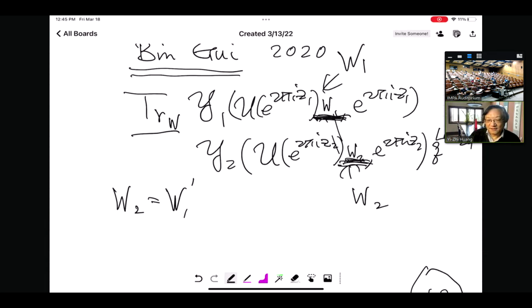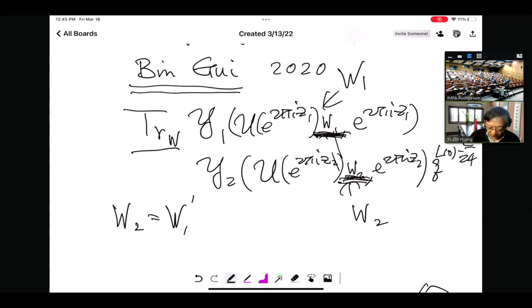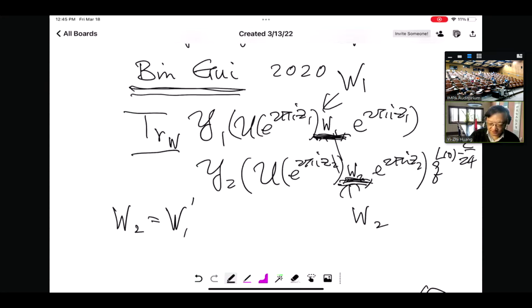Certainly his proof is only for rational theory. It means that it should satisfy the three conditions in my theorem on the modular tensor category and so on. So this high genus convergence is proved.